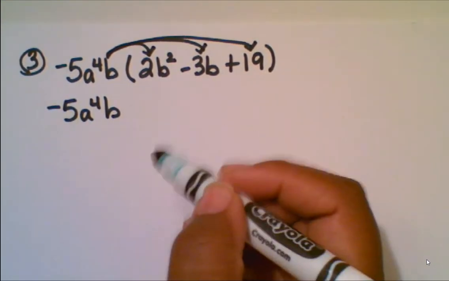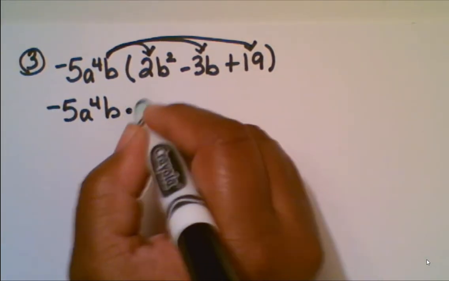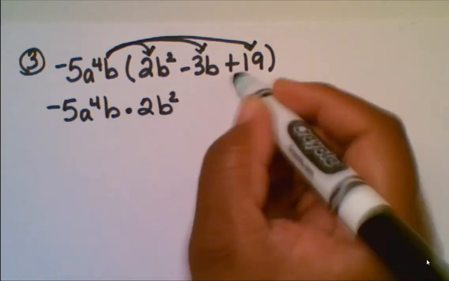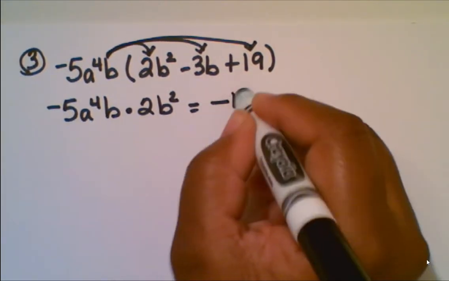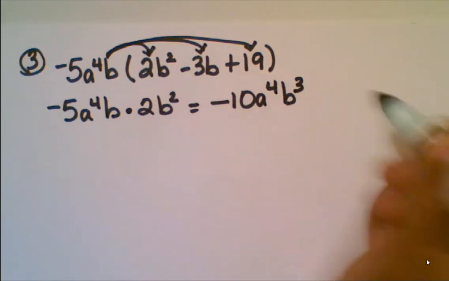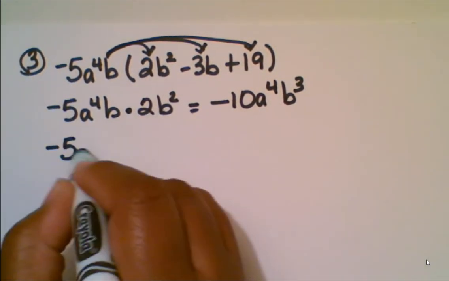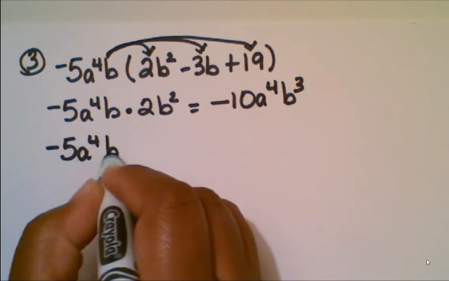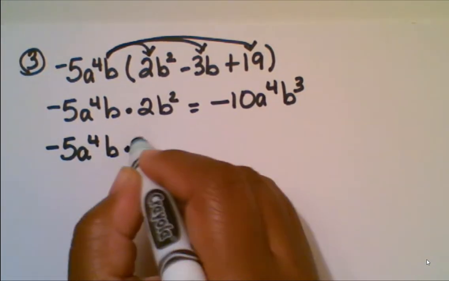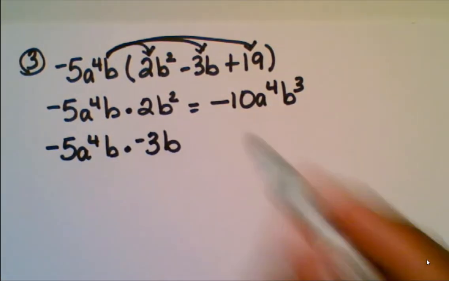So here we have negative 5a to the fourth b times 2b squared. That gives us negative 10a to the fourth b cubed. Then we take the negative 5a to the fourth b times the negative 3b. Please look at the signs in front of each term.